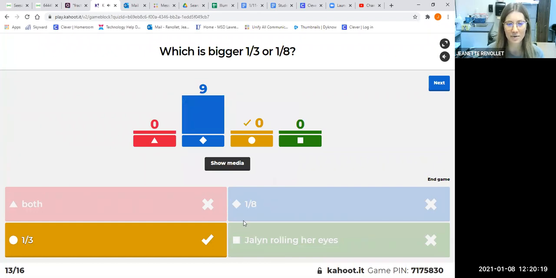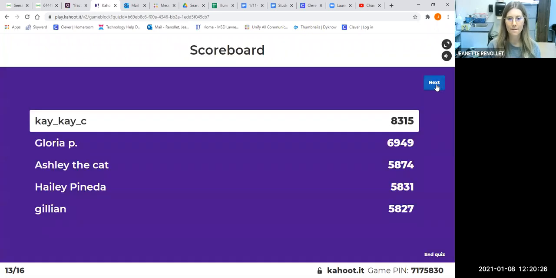Nice job. This is a hard one, boys and girls, but we did a really good job thinking about comparing fractions.